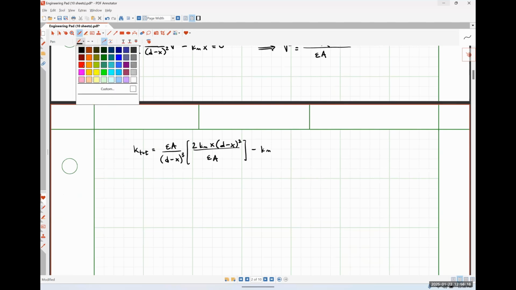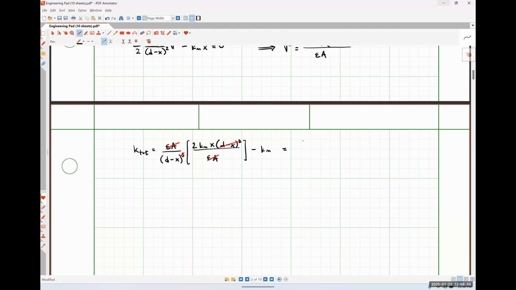And hopefully we can see pretty easily the epsilon A's cancel each other out. I'm going to have a (d minus x) squared term here, so I'm only going to be left with a (d minus x) in the denominator. And so this will equal 2 Km x over (d minus x) minus Km.